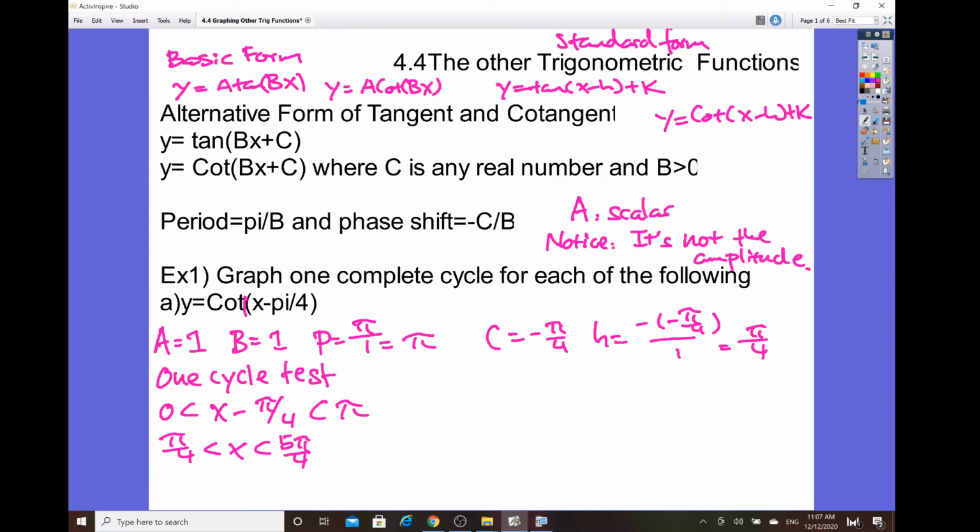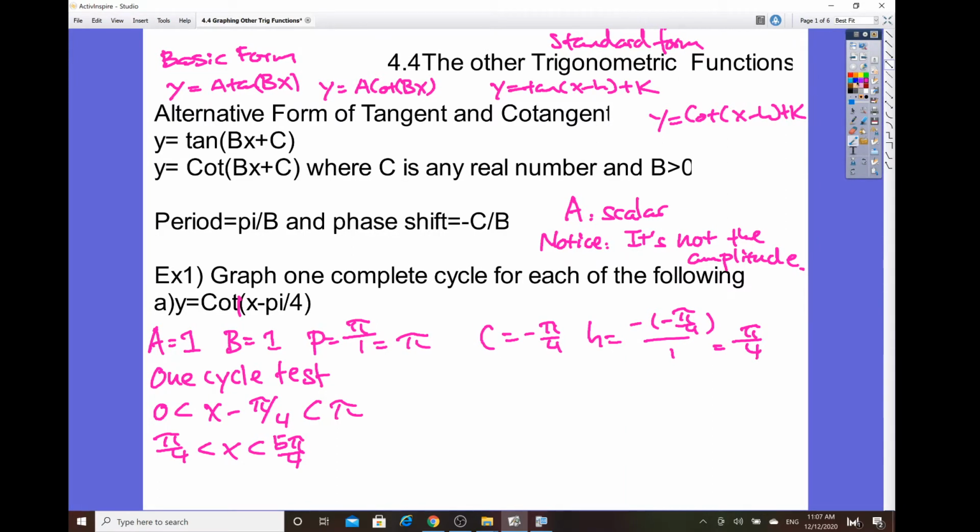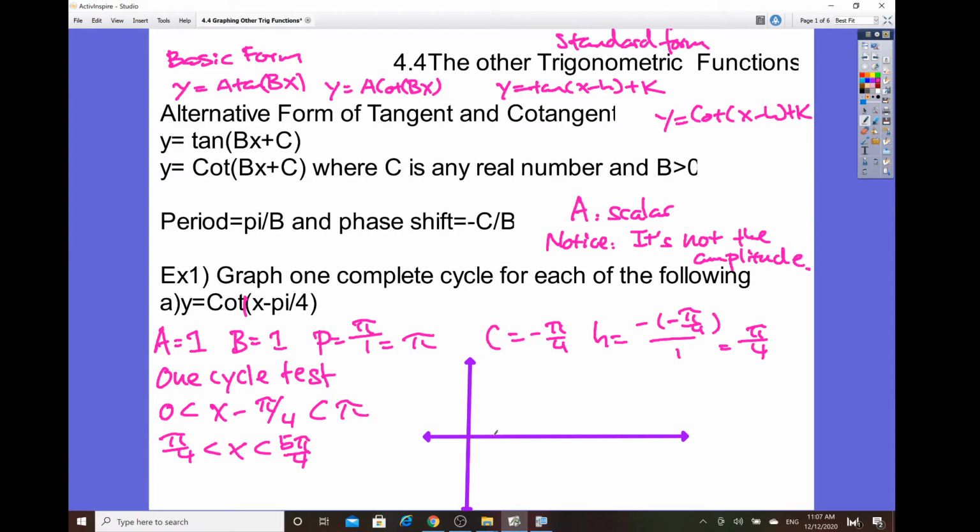Okay, so we need the x-axis and the y-axis. Let's use purple this time. So pi over 4 and 5 pi over 4.